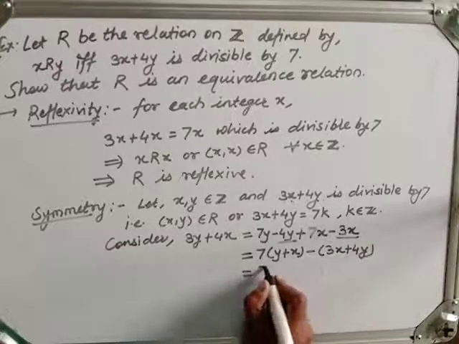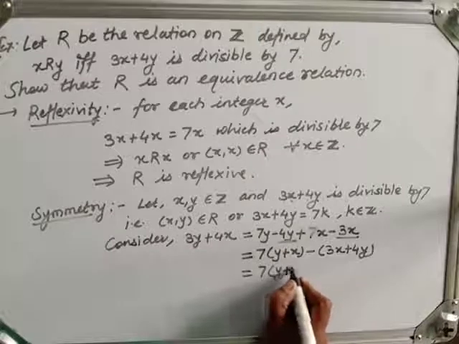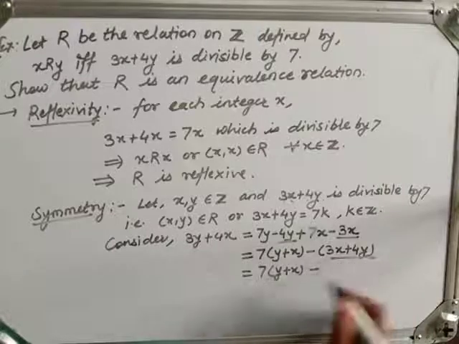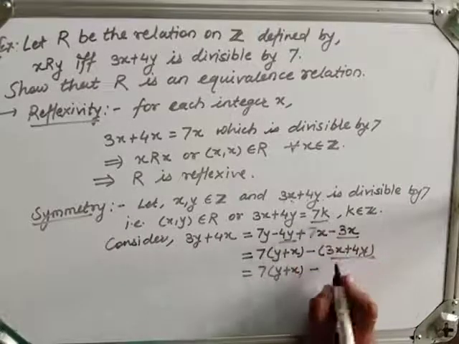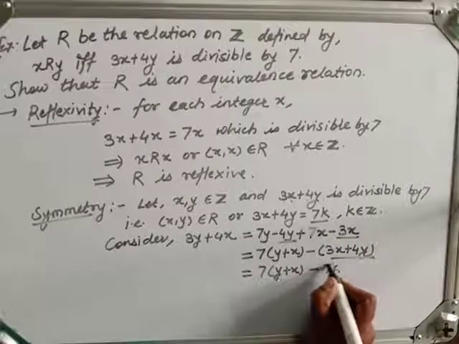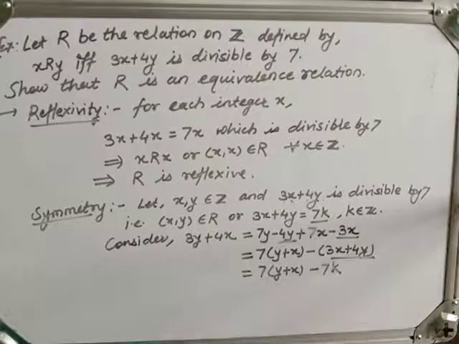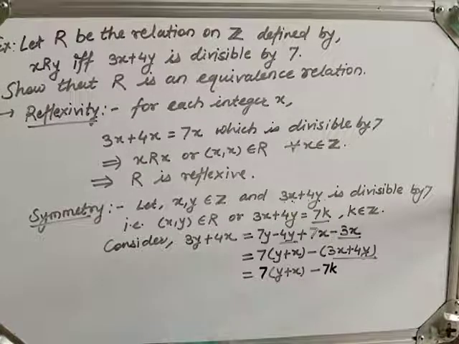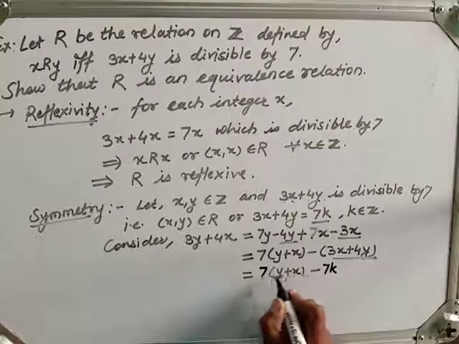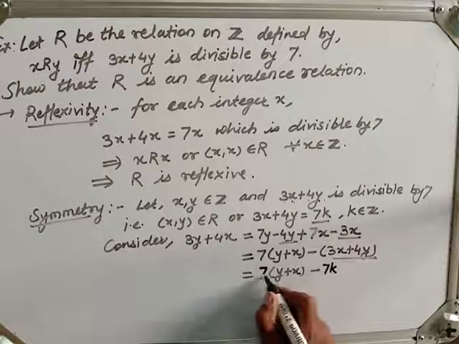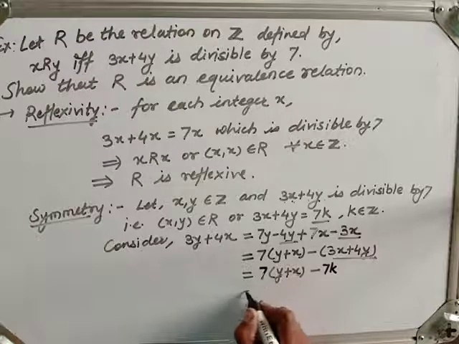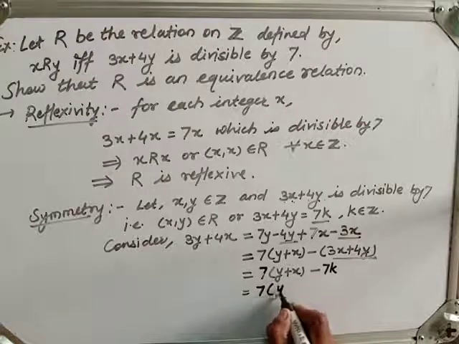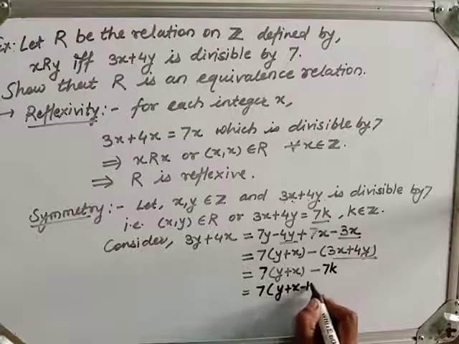So 7 into (y plus x) as it is. Now this 3x plus 4y is 7k, so I can write 7 into (y plus x) minus 7k. So we can take 7 common. What does it give? (y plus x minus k).